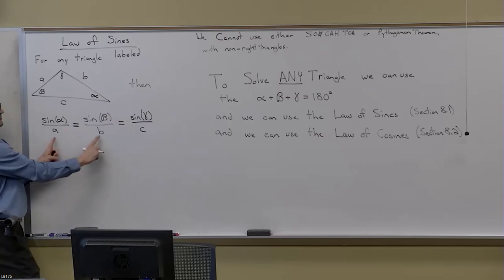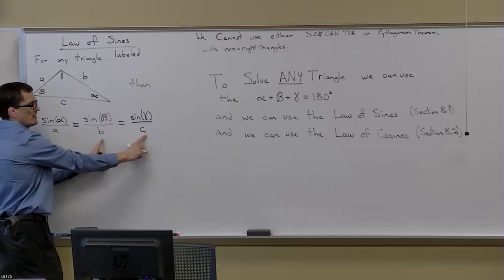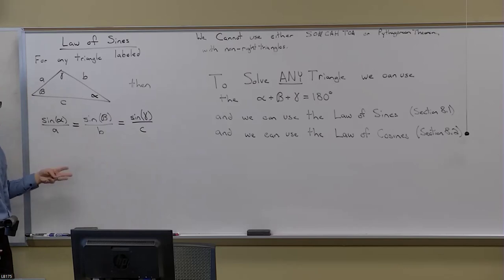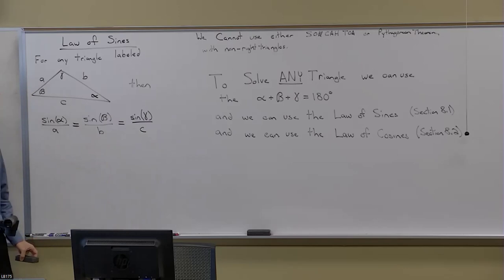You could have an equation for this pair, an equation for that pair, and then an equation for that pair. Okay, so we get essentially three equations there.